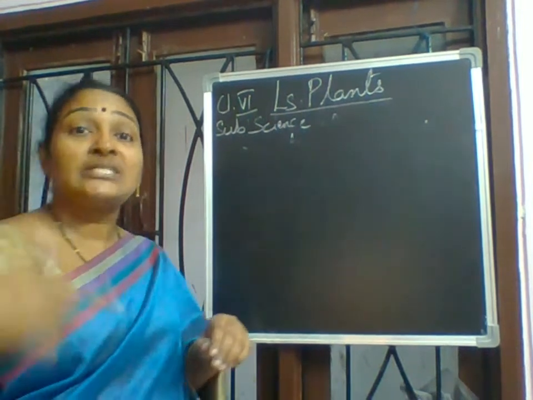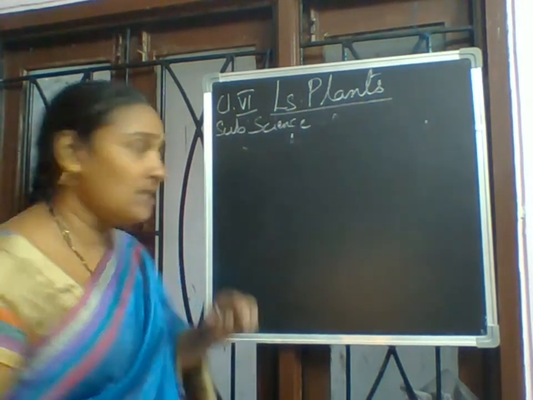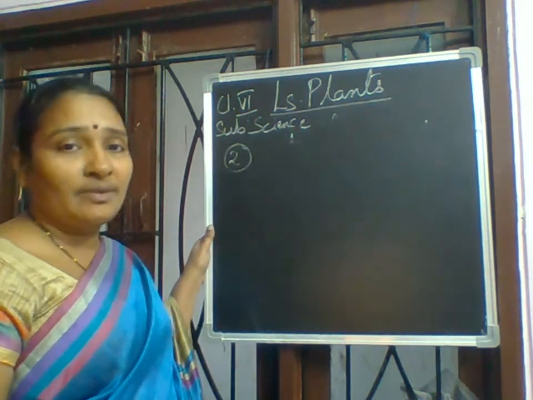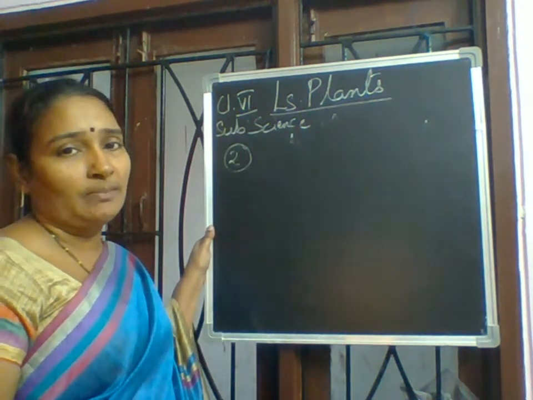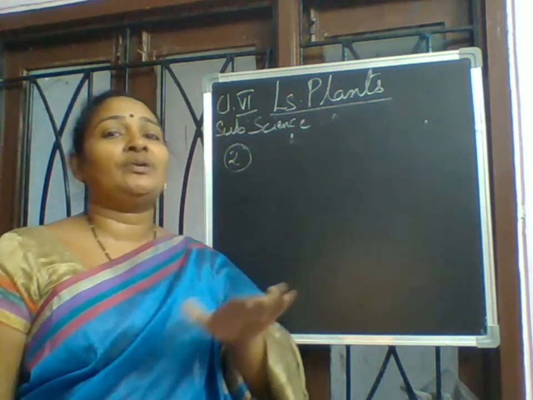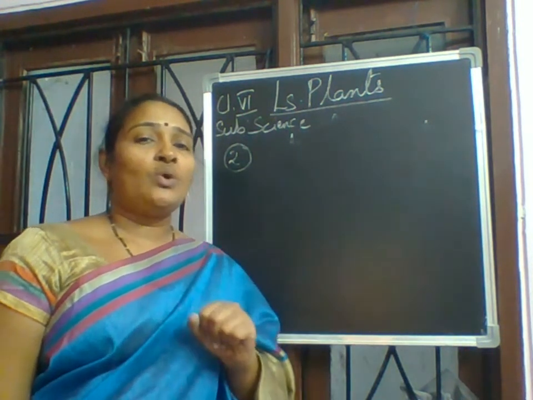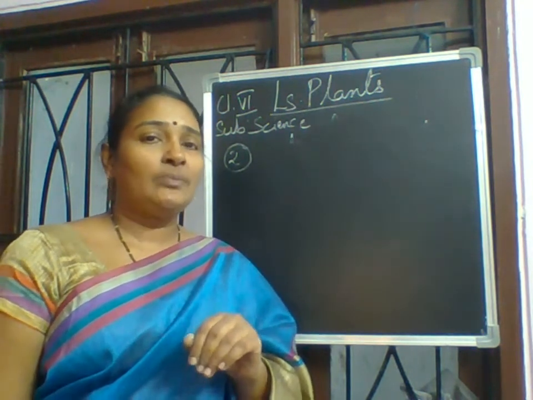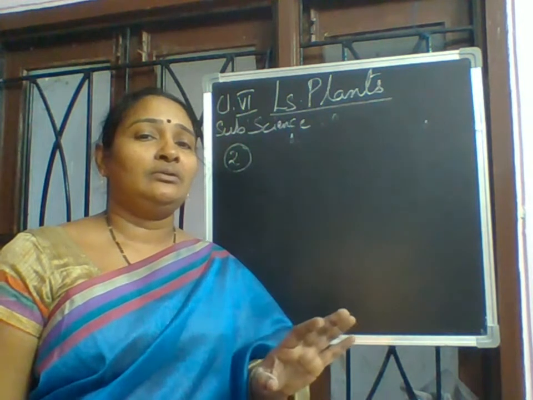What is the second additional modification of the root? Some plants grow in marshy soil. Marshy soil means the soil is totally covered with water. So the roots cannot breathe air, because completely it is covered with water.